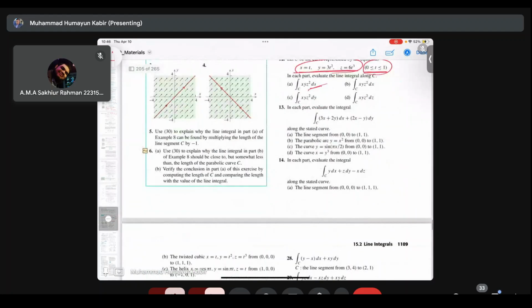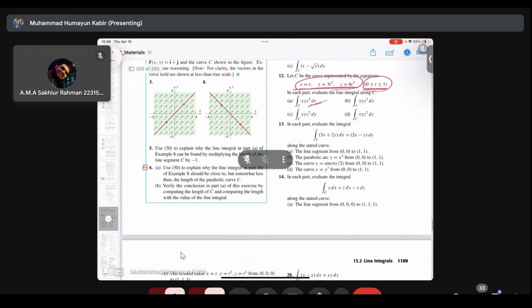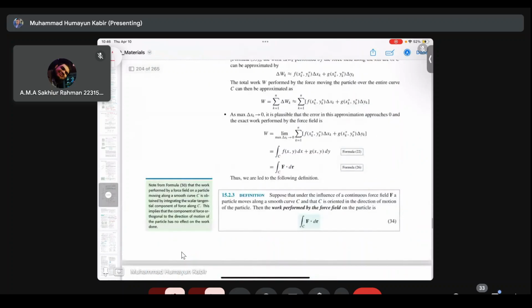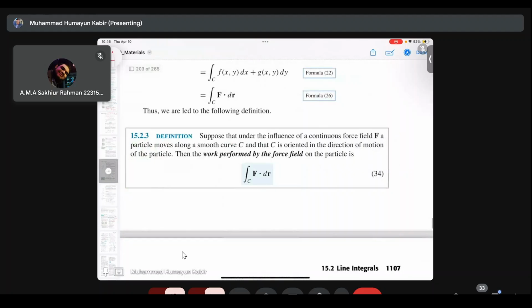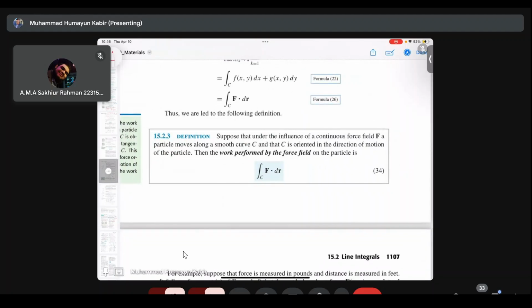But one thing I can tell you here, where can we apply this line integral? One of the most important applications of line integral is this one. What is this? Work performed by the force field on the particle.